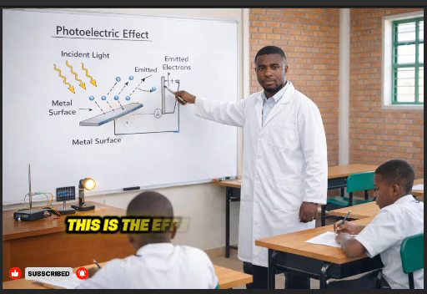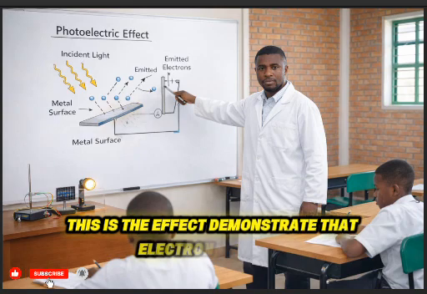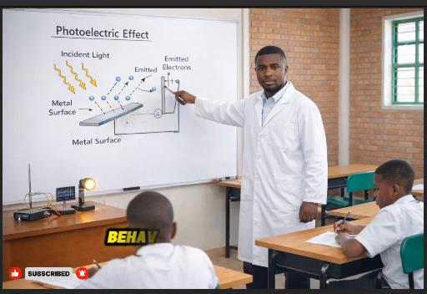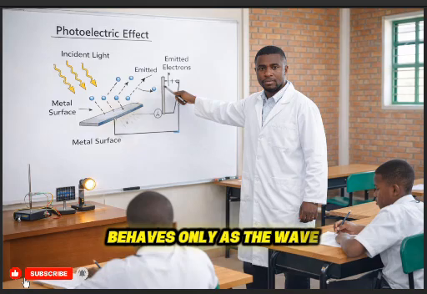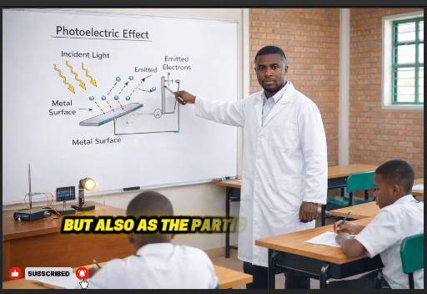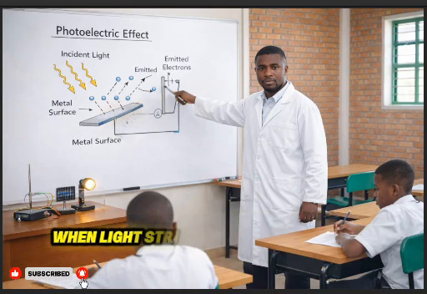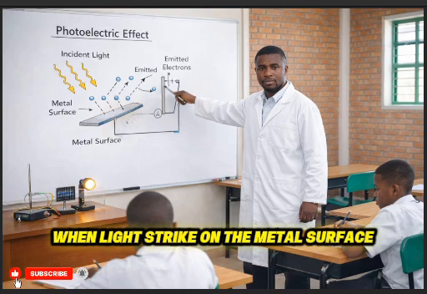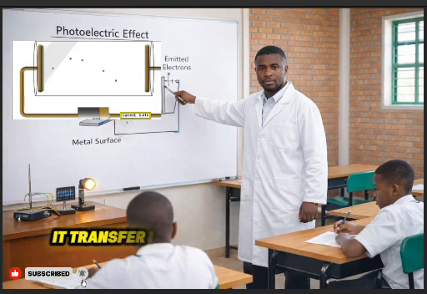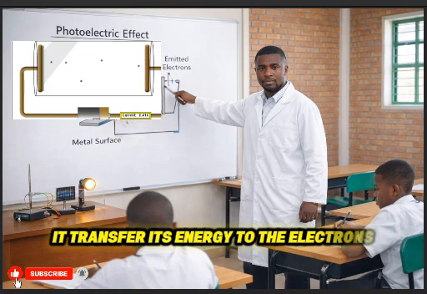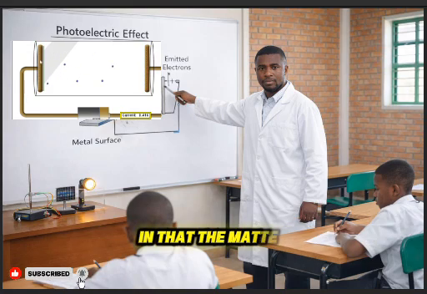This effect demonstrates that light does not behave only as a wave, but also as particles called photons. When light strikes the surface of matter, it transfers its energy to the electrons in the matter.